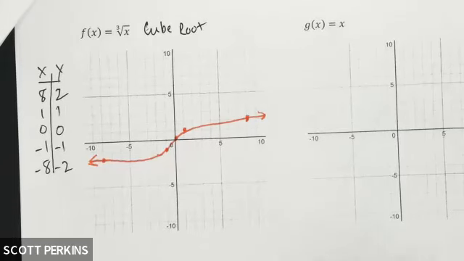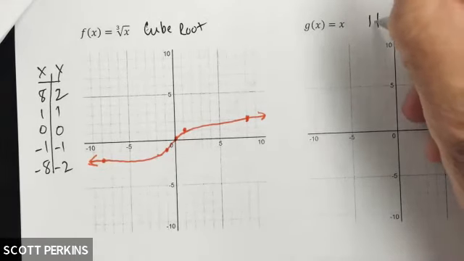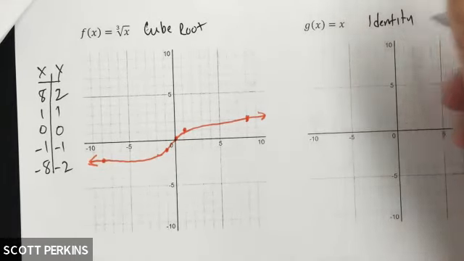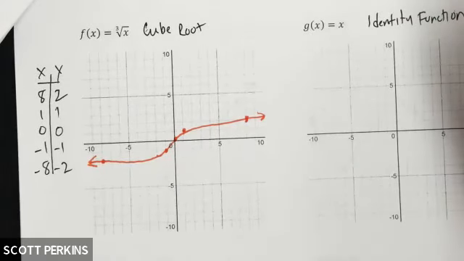Last but not least, this is probably the function you're most familiar with, because if you took intermediate algebra, we took like a unit and a half to talk about this. This one right here is an identity function. And it's the basis of our linear functions.